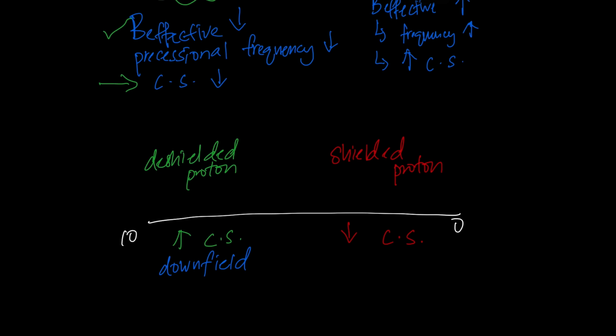The high chemical shift value protons are always described as downfield. So high ppm is downfield, and low ppm, since the chemical shift unit is ppm, means the low chemical shift proton is upfield.